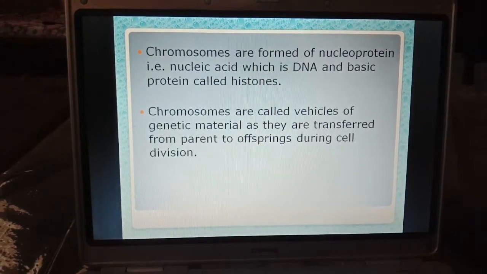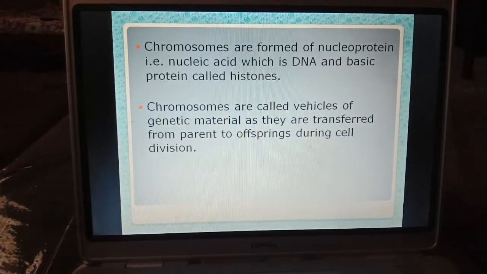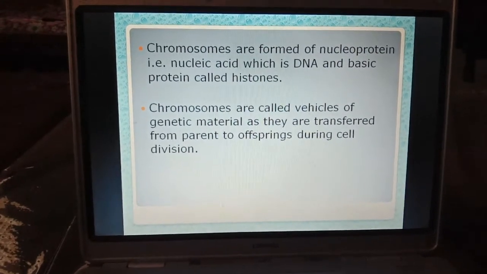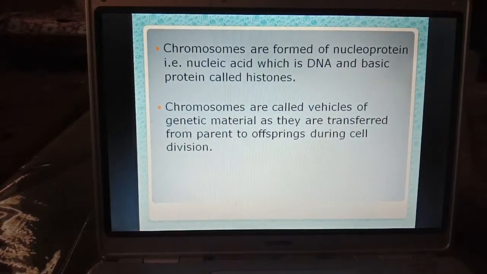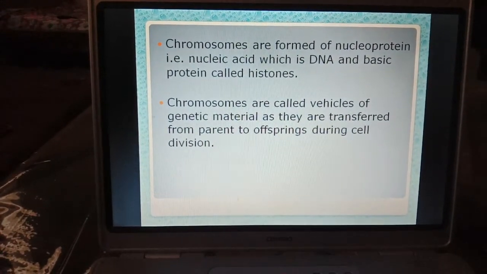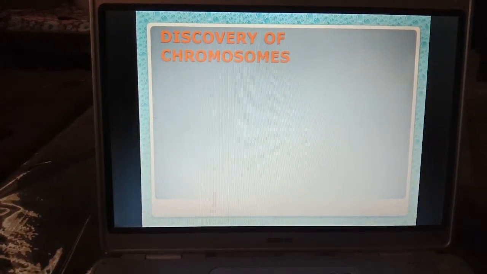Chromosomes are called vehicles of genetic material. Why are they called vehicles of genetic material? As they are transferred from parents to offspring, means from the parents to their children, that is from one generation to the other generation during cell division. Discovery of chromosome.